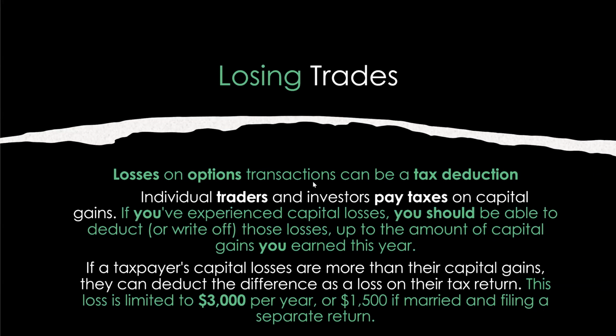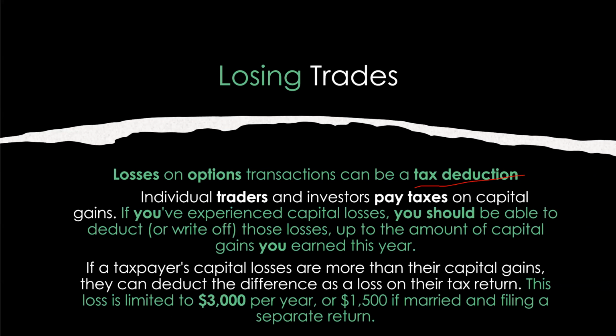Losses on options transactions can be tax deductions, not credits. Credits are the good ones you want for your tax time, but deductions are also nice. Individual investors and traders pay taxes on capital gains, but if you experience a capital loss, you should be able to deduct or write that off up to the amount of the capital gains you earned this year.